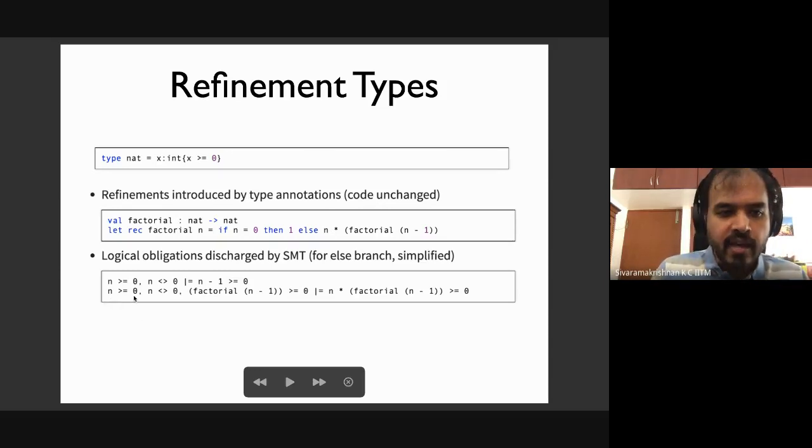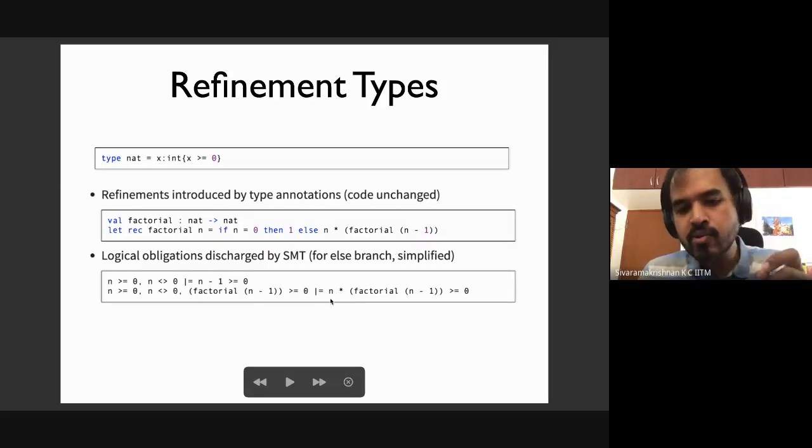I know that n is greater than or equal to 0, thanks to the constraint on the input. I know that n is not equal to 0, because we are in the else branch. I also know, thanks to the induction hypothesis, that the result of calling factorial on n minus 1 is also a natural number. That fact is also there.